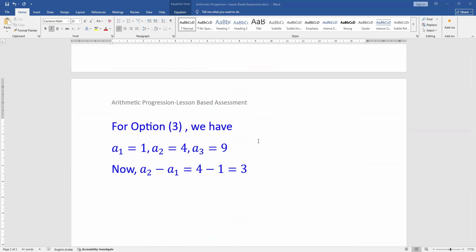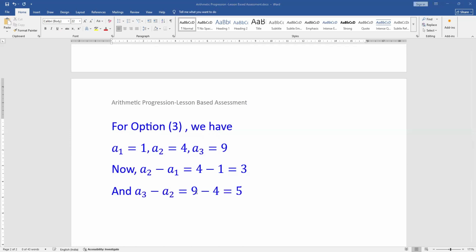Then we have A3 minus A2, which is nothing but 9 minus 4, equal to 5. Okay.